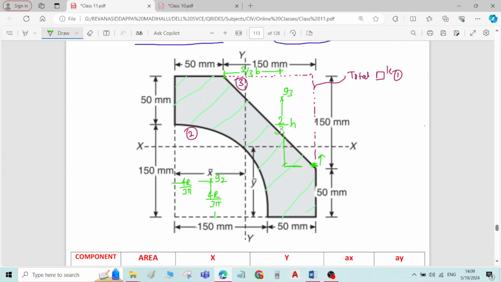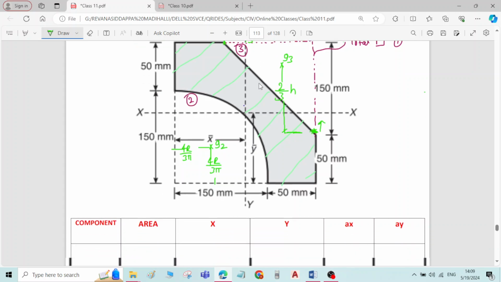So it is 2/3 of height, and x bar is 2/3 of b. That is how you have to apply the formula. You should be careful with respect to the right angle triangle. Instead of 2/3 of b, if you take 1/3 of b, the whole solution will go wrong. Carefully we have to apply the formula.